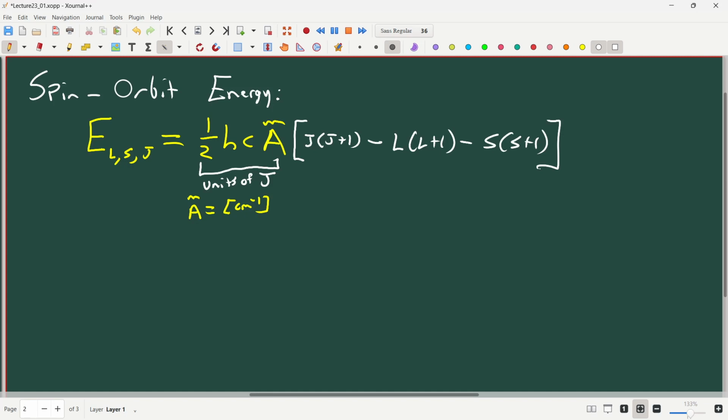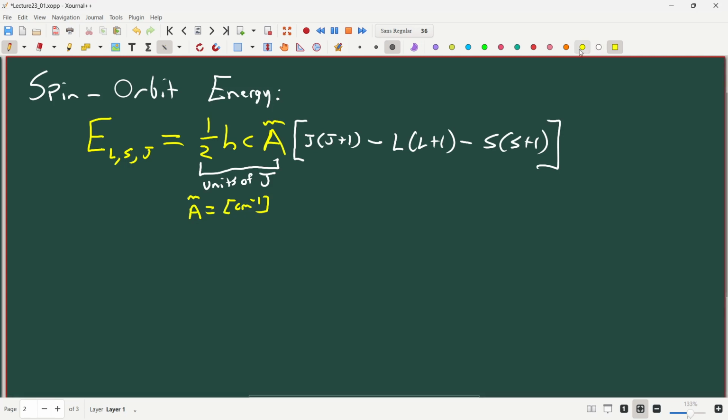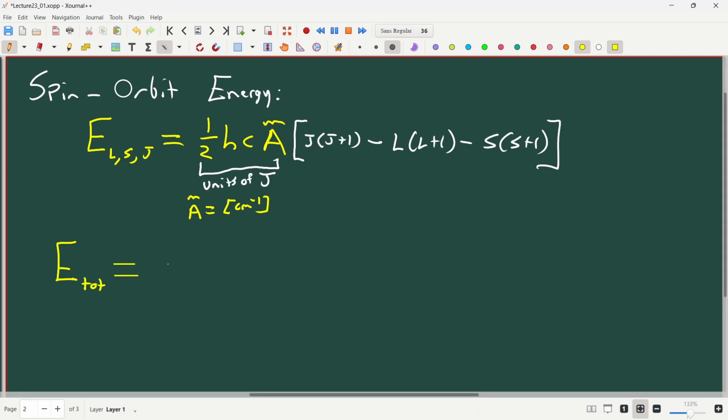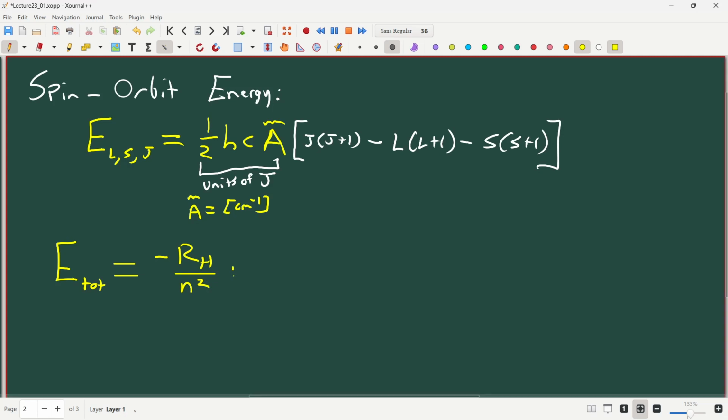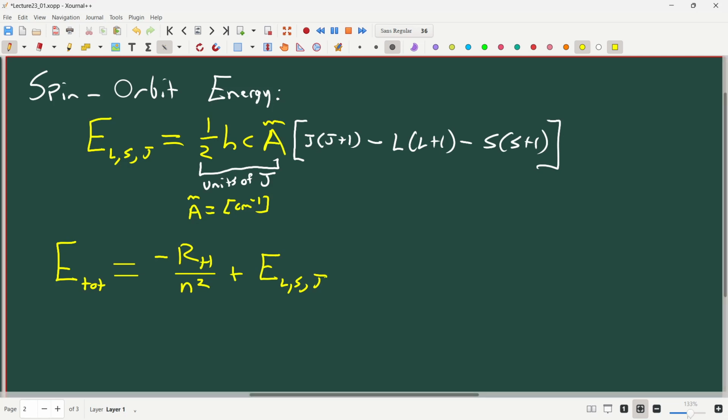Now this is additional to the energy with respect to n. So the total energy of an electron state is going to be the Rydberg constant, minus R sub h over n squared, plus the spin orbit coupling, E of L, S, J. Right, so what this means is that the energy is a function of n.